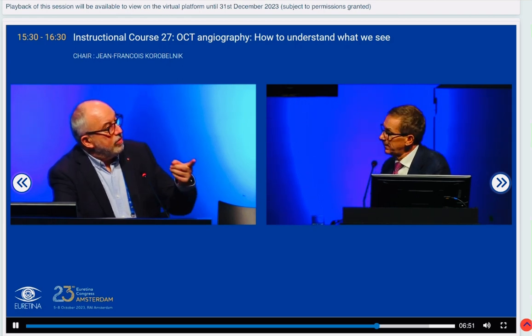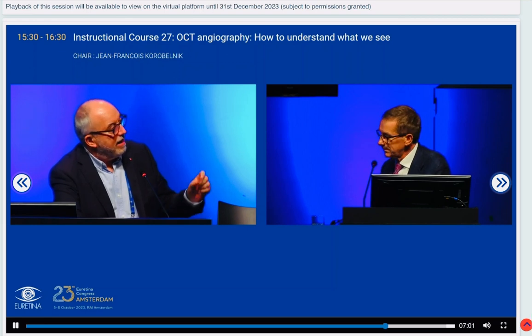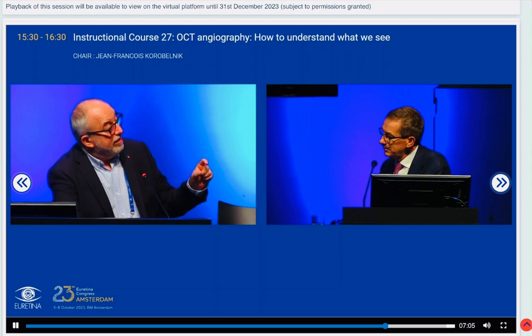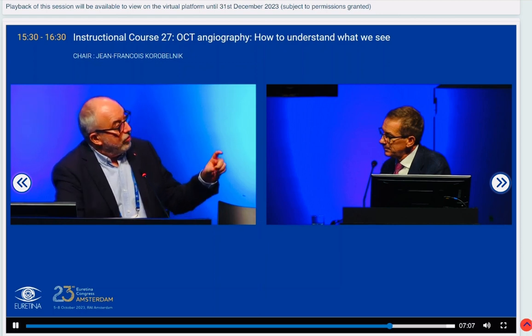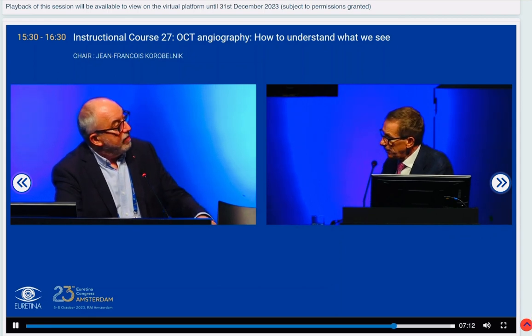And just to make the transition to the next, for DME patients, often, as you mentioned, there are many artifacts. The automatic segmentation is confused by the edema, the loss of contrast between the lines. So do you think it is relevant to do the OCTA at baseline, or do you wait for the retina to be dry? In diabetic retinopathy? In diabetic, yes.